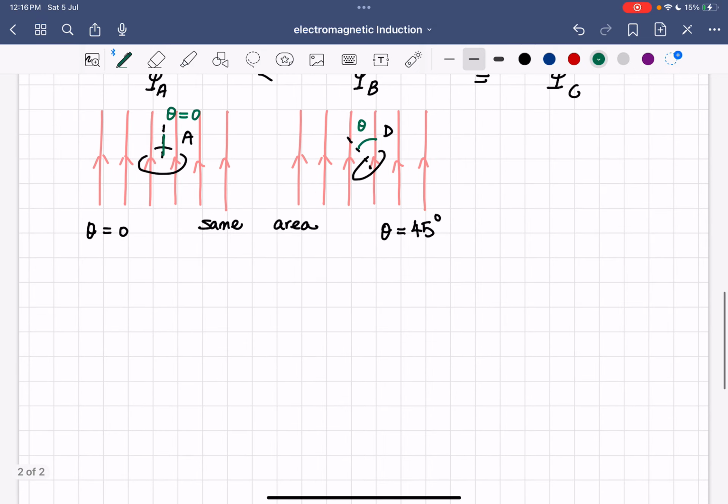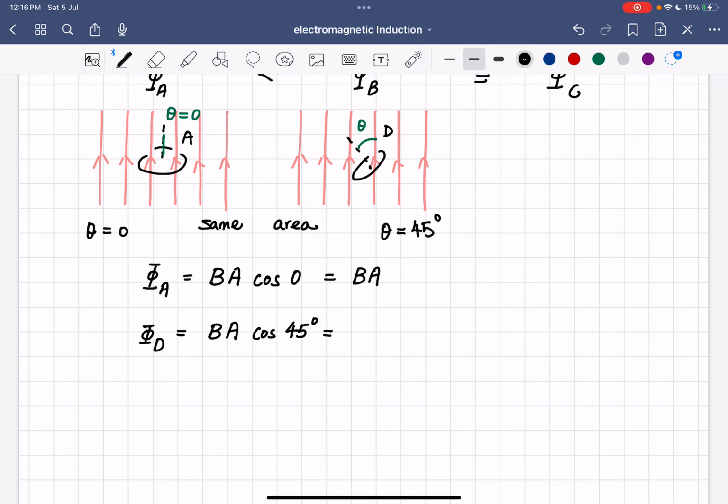Now there is a difference between the two. Well, we can go back to the definition. Phi of A will be BA cosine, but for A, this will be cosine 0 degrees. So therefore, it will be equal to B times A. While the phi of D will have the same field and the same area A, but you have a 45 degree angle there.